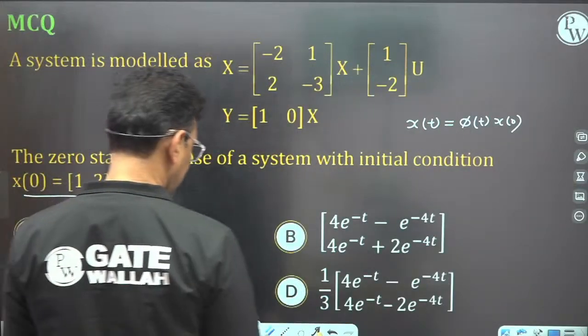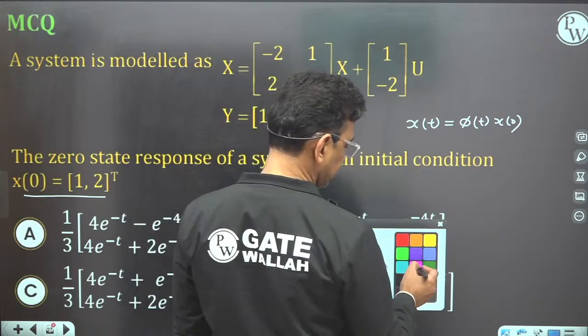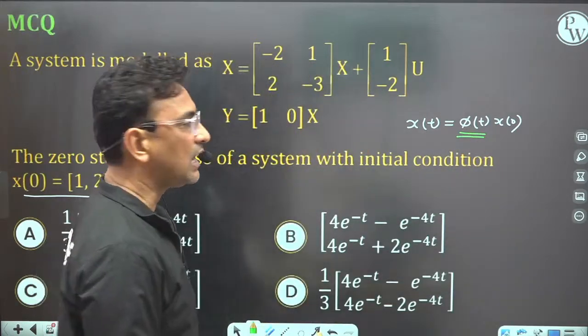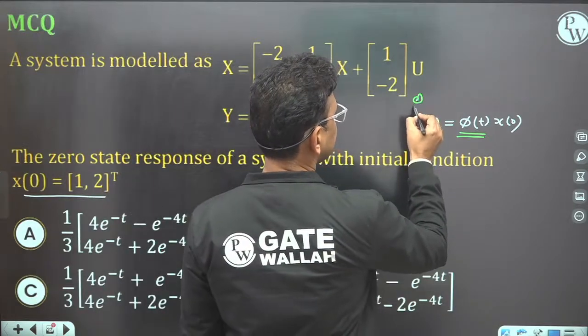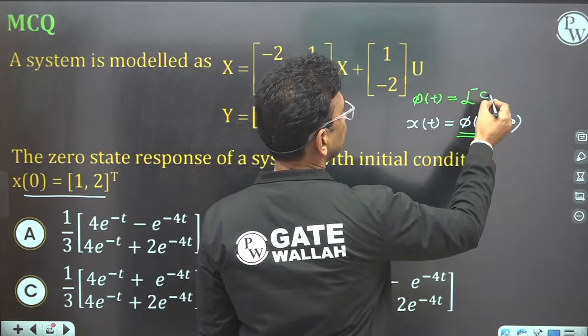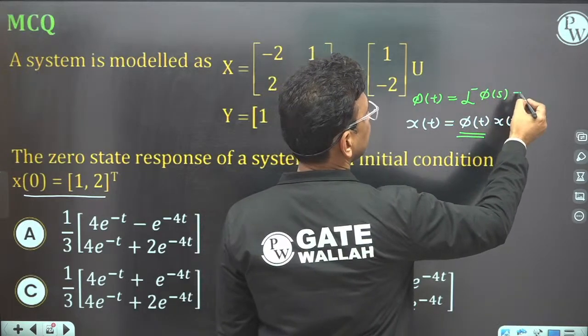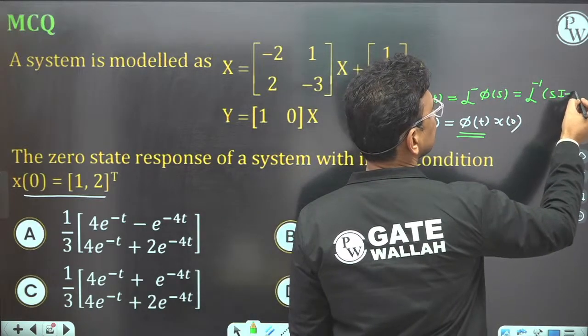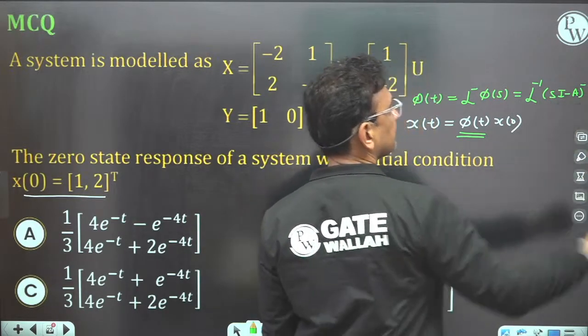So what you have to find out is the state transition matrix. And how to find the state transition matrix? It is nothing but the Laplace inverse of phi(s), which is the Laplace inverse of (sI minus A) inverse. Clear?